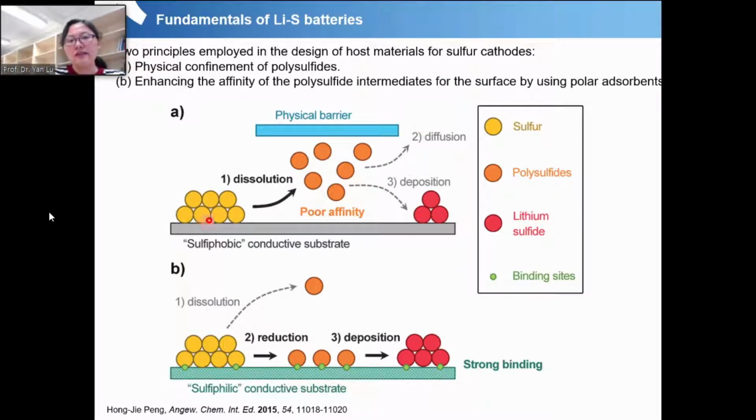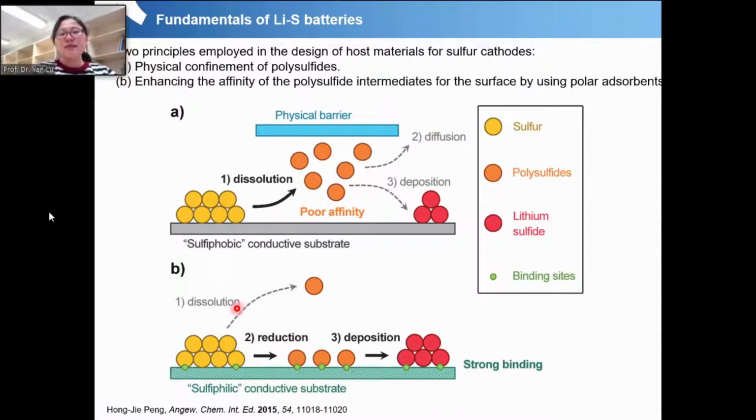During discharge you form the polysulfide, and this physical barrier gives a kind of physical confinement to avoid the shuttling effect. But we should think that this physical confinement cannot reach 100% efficiency. Anyhow, you will have some diffusion of the polysulfide.